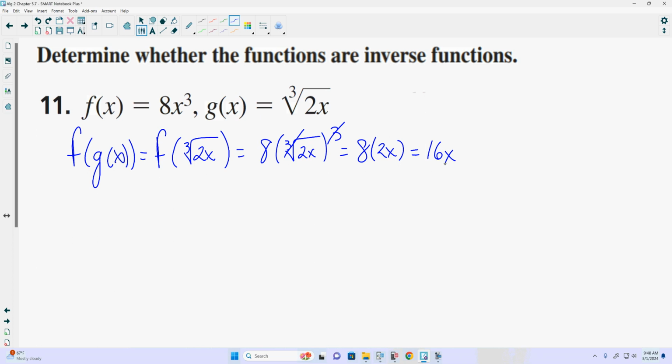It's not going to work at all, because the other side ends up being 2x cube root of 2. So they're not even the same. So since they're not inverses, these are not inverses. Yep, not inverses. And I will say there are a few where the inverse is the same thing as the function to start with.